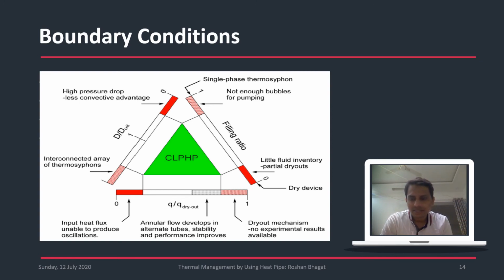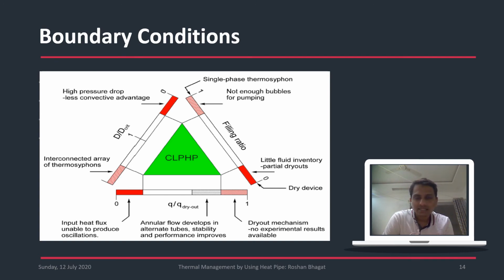If it is 0, it means it is completely a solid which is transferring heat. If the filling ratio is 100%, it will work as a thermosiphon. So 0% should not be there, as it will work like a solid. If it is 100%, it will work like a thermosiphon.